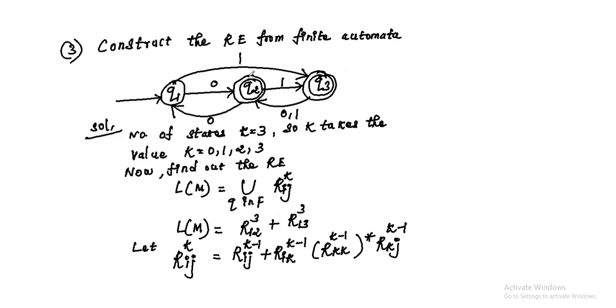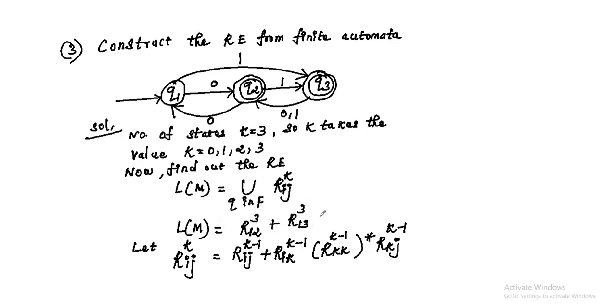Because we have two final states, the first combination is R12 raised to the power 3, because k value is 3, plus starting state q1 and next final state 3, R13 raised to the power 3. So we easily find out the L of M value: R12 raised to the power 3 plus R13 raised to the power 3.